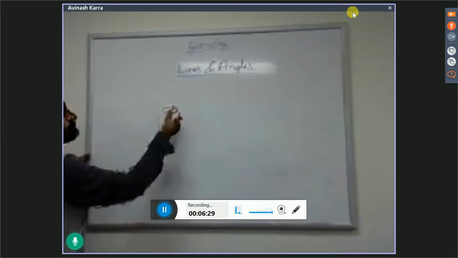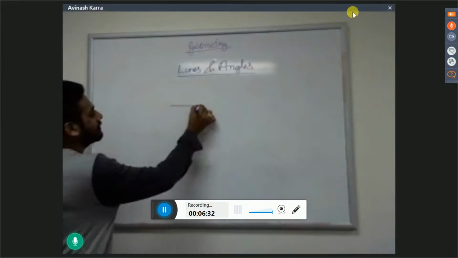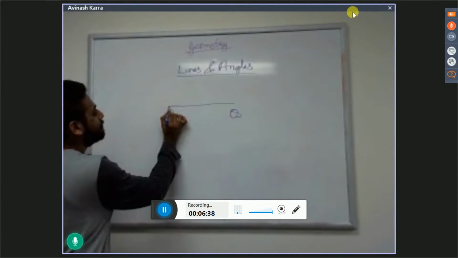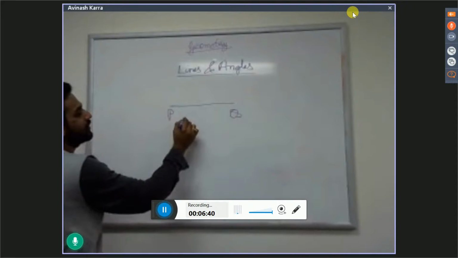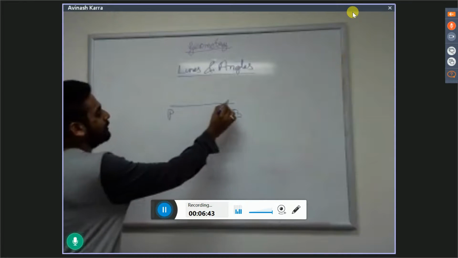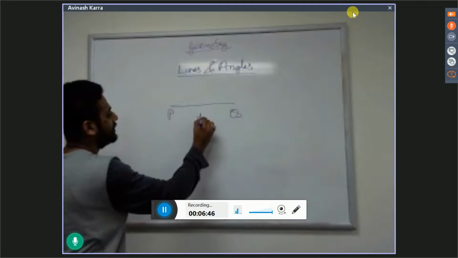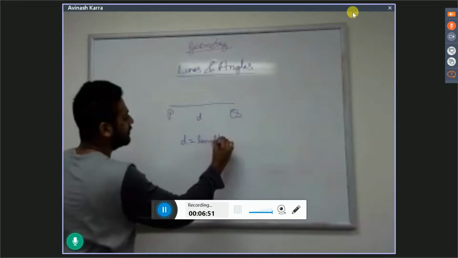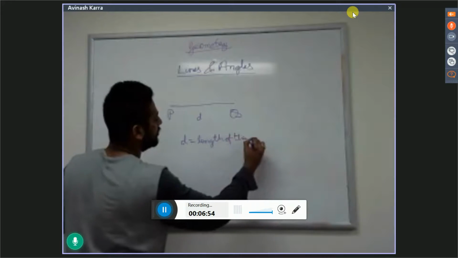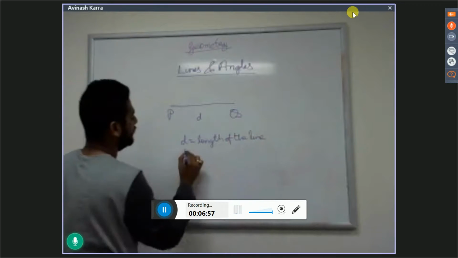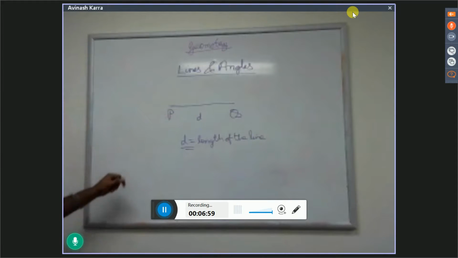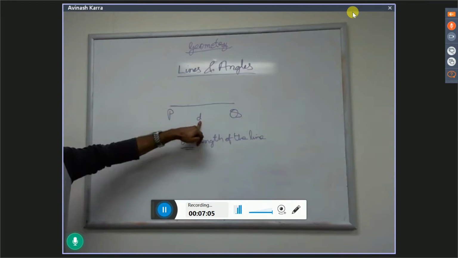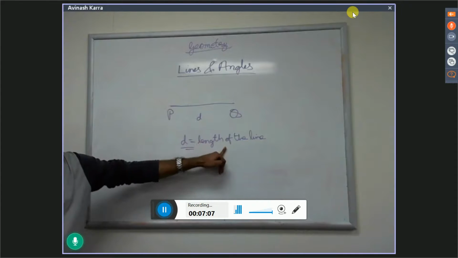And what is the length of the line? For the line segment PQ, the distance between point P and point Q, let it be D. So D is equal to the length of the line.